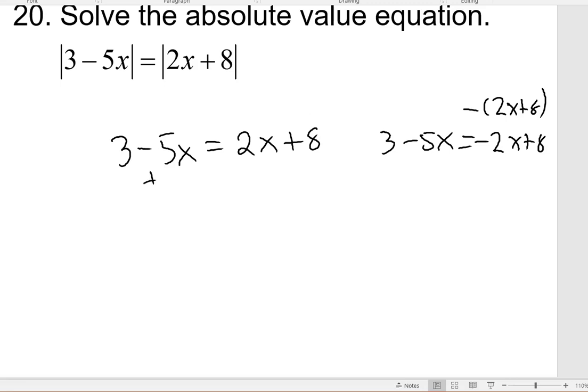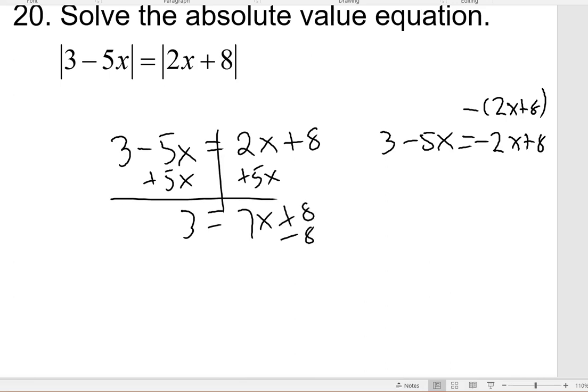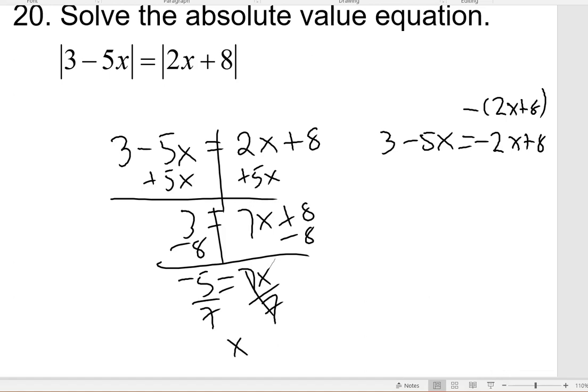Looks like this one, I'm going to add the 5x to get 3 is equal to 7x plus 8. -5 is equal to 7x. And so we're looking at -5/7.